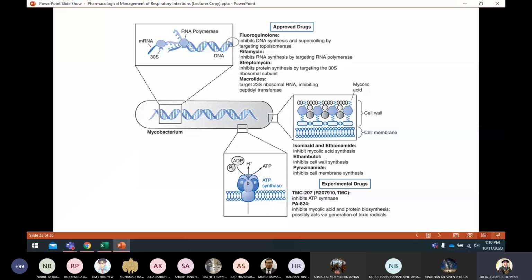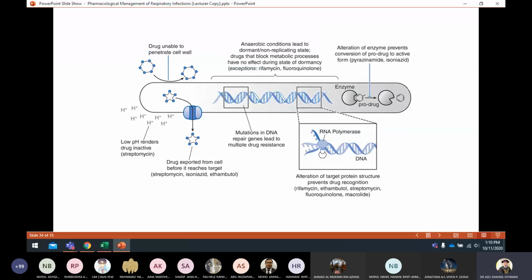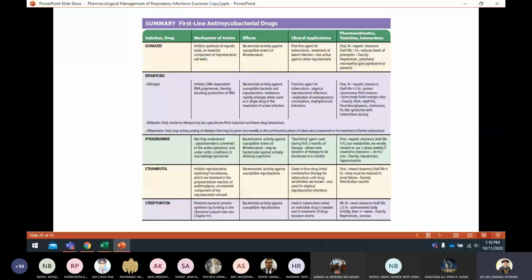Okay, so the last part for today, I'm going to quickly talk about the anti-tuberculosis drugs. You have gone through the anti-tuberculosis drugs in the PBL. Again, the four main drugs are of course isoniazid, rifampin, pyrazinamide, and ethambutol. Of course, you need to remember the mechanism of action.